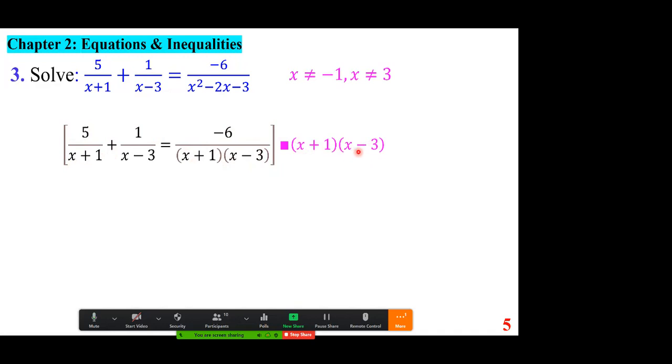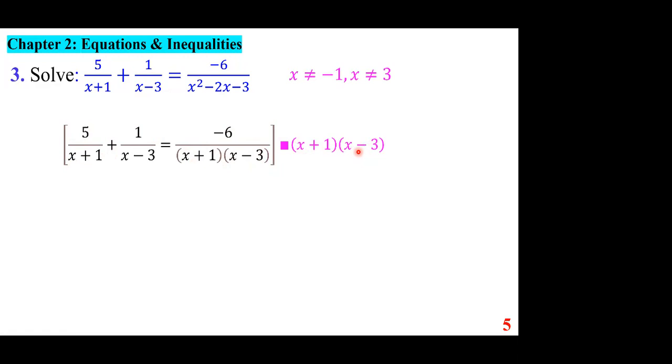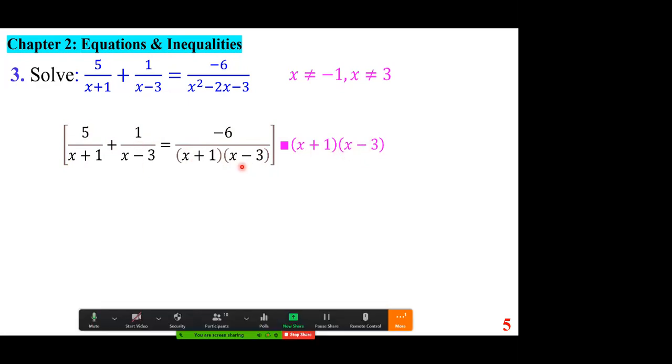Okay. 5 times x minus 3. I hope everybody's comfortable with that. The second one, plus 1 times x minus 3 goes away, x plus 1. And the right side, everything goes away, just the numerator.